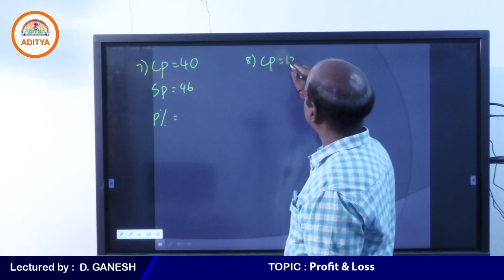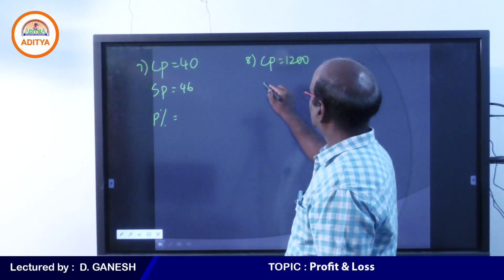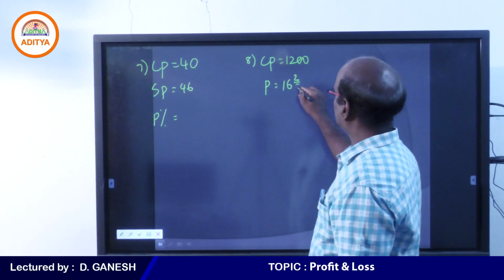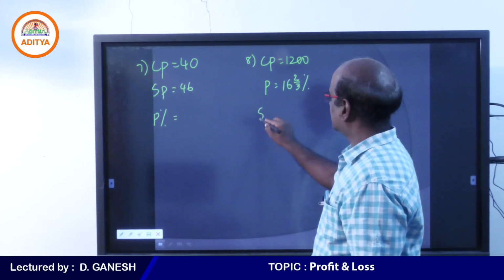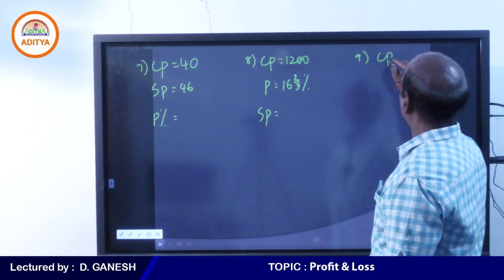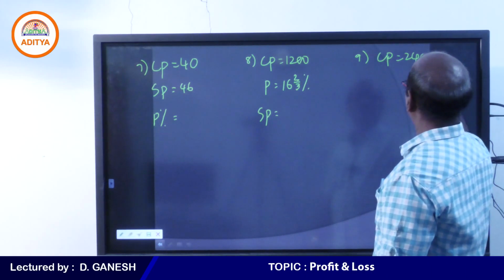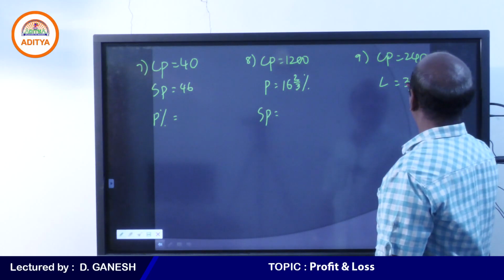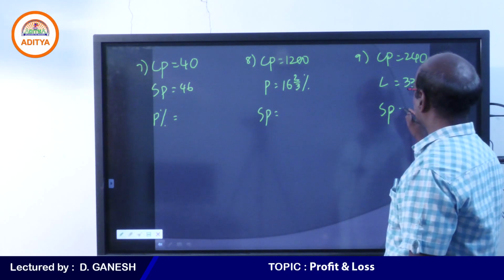Cost price is 1200. If you are looking at a profit of 16 2 by 3%, what should be the selling price? Cost price is 240. If you lose 33 1 by 3%, you need to tell me what should be the selling price.